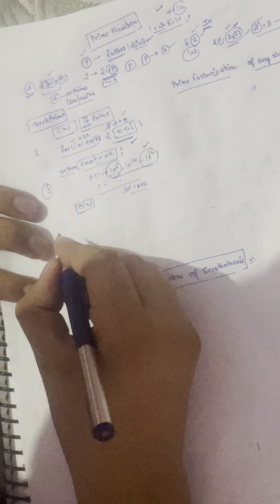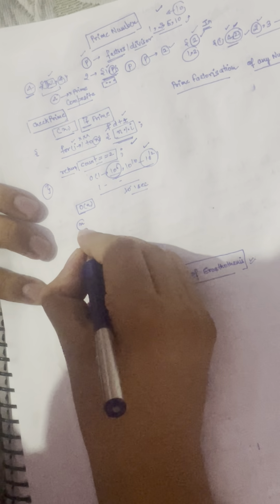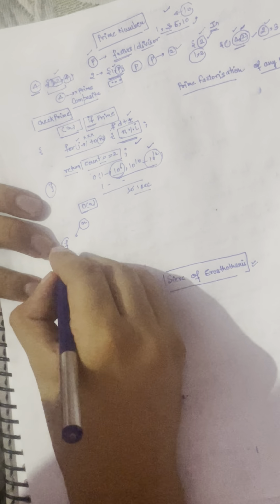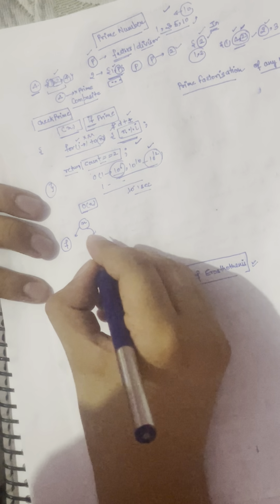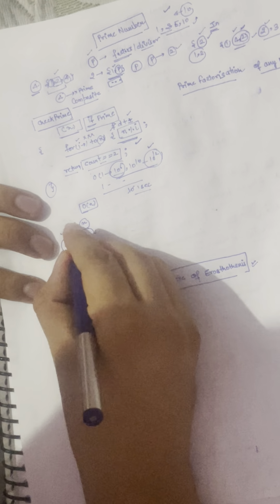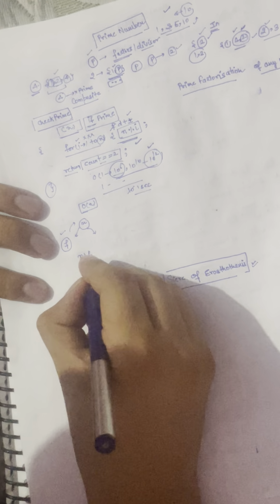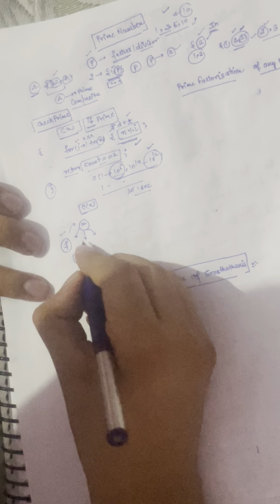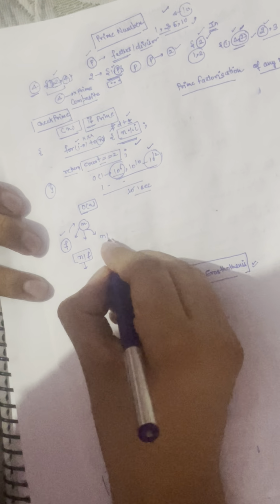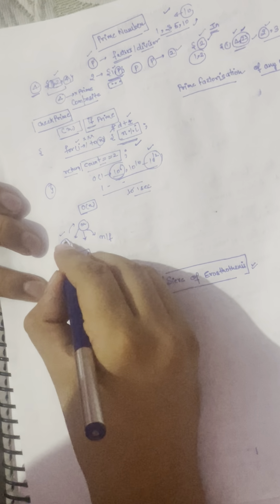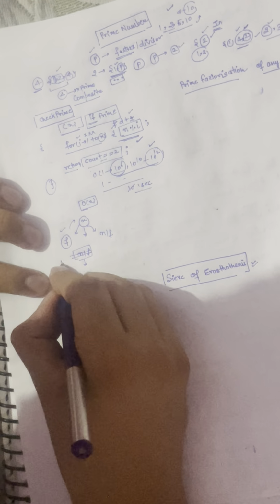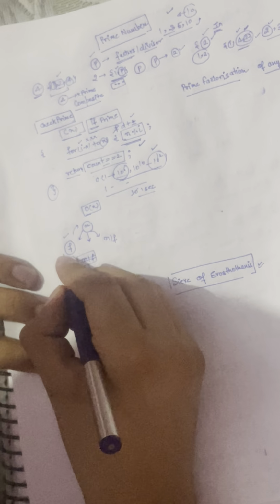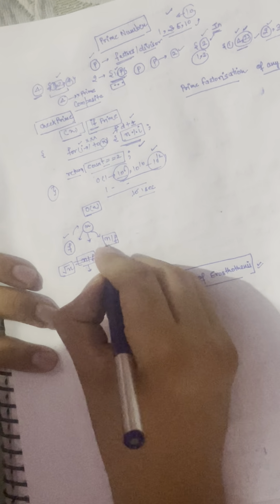so let's say when there is a number n, and let's say one of its factors is f, then we are able to divide it by f, the remainder is 0, and n by f is also a number. So if f is smaller than root n, then n by f would be greater than root n.